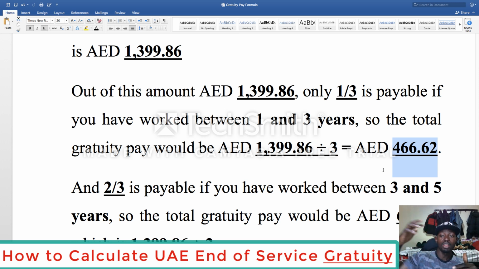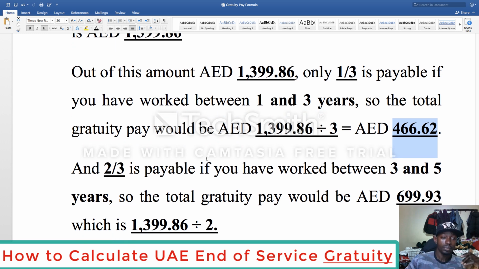Multiply it by the number of years you have worked between 1 and 3. If you have worked for 3 years, this amount multiplied by 3 years gives you the gratuity for the entire service. This is the gratuity for 1 year only. All right.